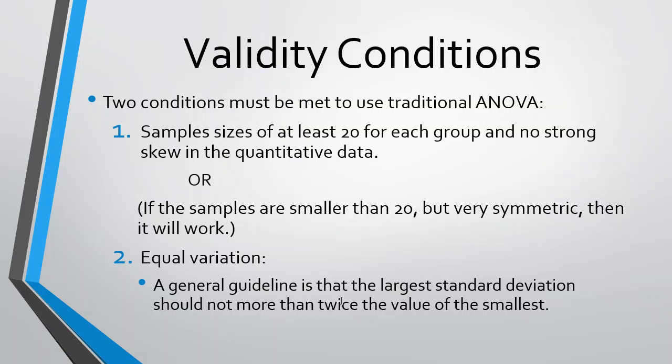So the general guideline is you don't want the largest standard deviation to be more than twice the value of the smallest. So if one standard deviation is 3 and one is 5 and one is 4, that's okay. But if one was 3 and one was 7, then you might have some questions about whether the validity conditions were met for doing the ANOVA test.